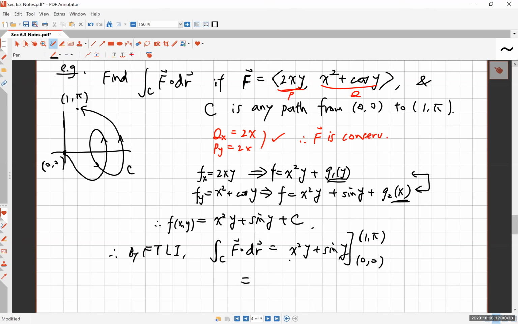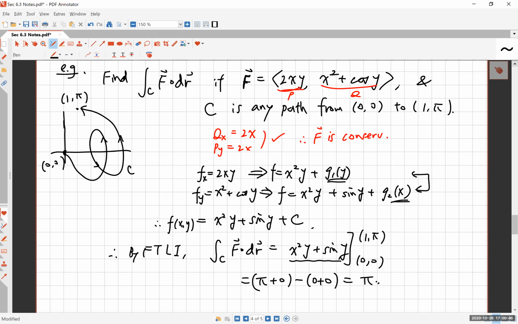If you evaluate this at (1, pi), you have 1 squared times pi plus sine of pi, and sine of pi is 0, minus, and plugging in (0, 0) would of course just create 0 plus 0. And so the answer is going to be pi.